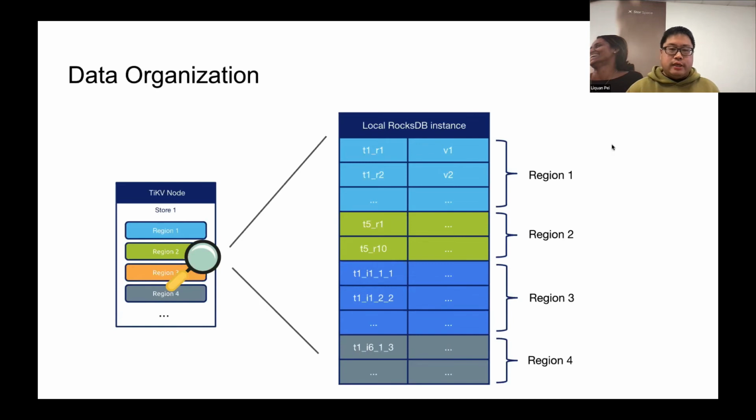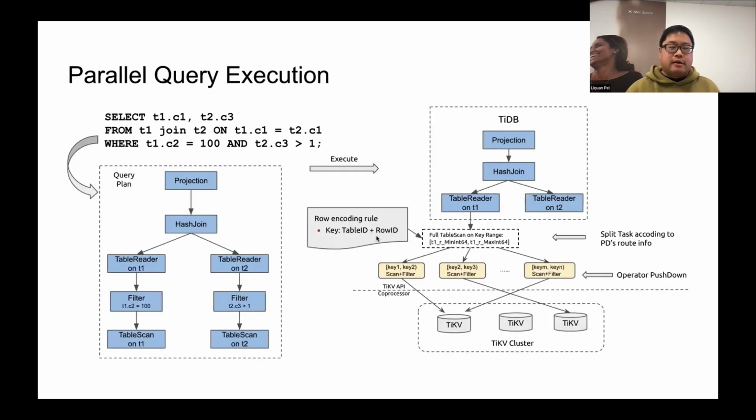So you can see region 1 is basically a table encoding, and they are ordered by those keys, and these are the encodings for the index. They are also ordered by the keys, and those will be spread across different nodes. So that's basically how the data is organized there.